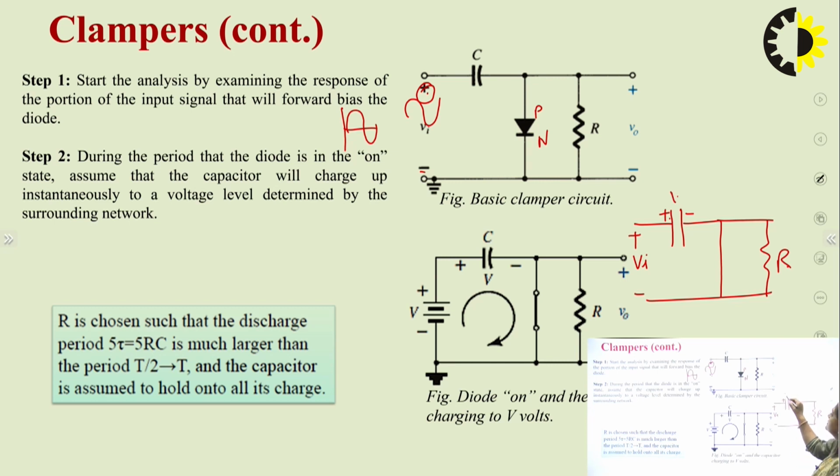In this case, the output voltage is across this part, and this part has been shorted. So the output voltage in this case will be 0, and Vi minus VC is equal to 0.